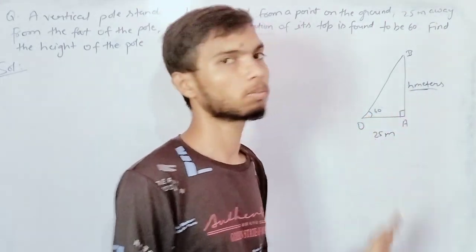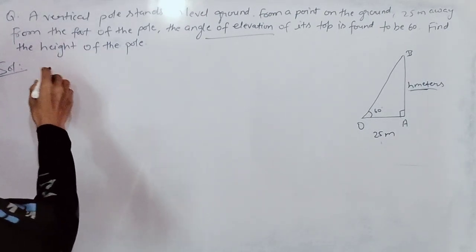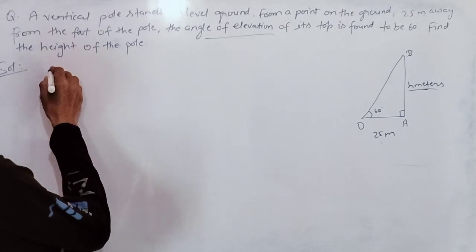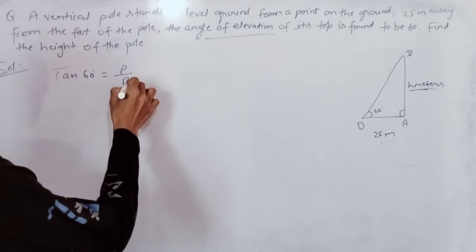So P upon B is the ratio of tan. Tan 60 is P upon B.